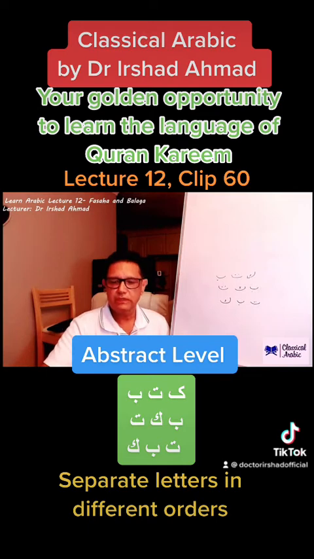So when we put these letters in a specific order, they generate a root of three letters which has its own specific intrinsic core meaning, which applies to all the words which are derived from that root.